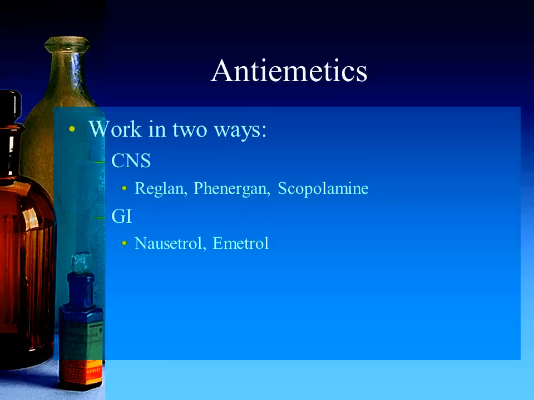Now, the other one is we can try to affect the gastrointestinal system directly and not go through the nervous system. And I gave you two examples of medications here, Nosotrol and Emitrol. Basically what these are is they are carbohydrate solutions. They're combinations of sugars.